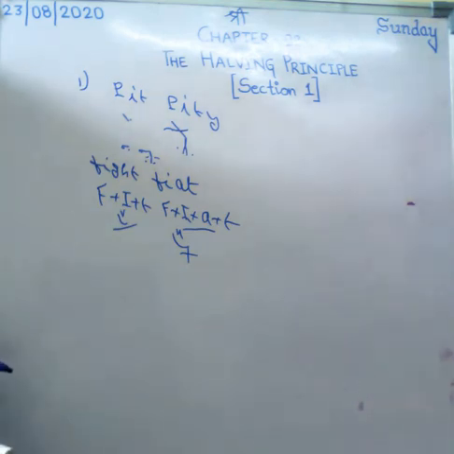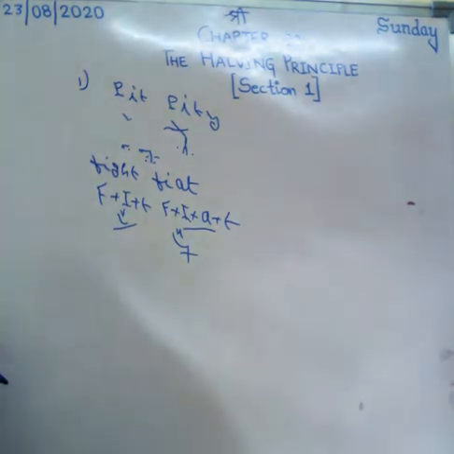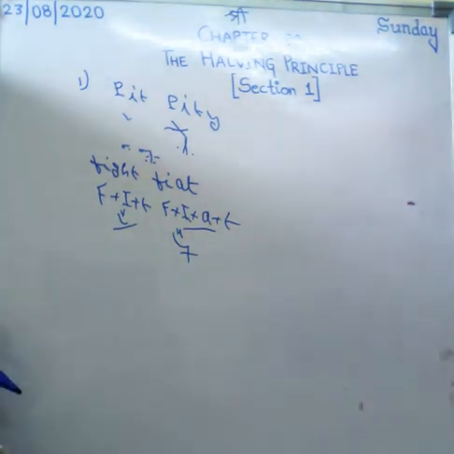Next, third rule, when we do not employ Halving principle, that is, if two words, by employing Halving principle, they have the same consonant structure, so in such cases, we try to write them in different way. For one word, we employ Halving principle.